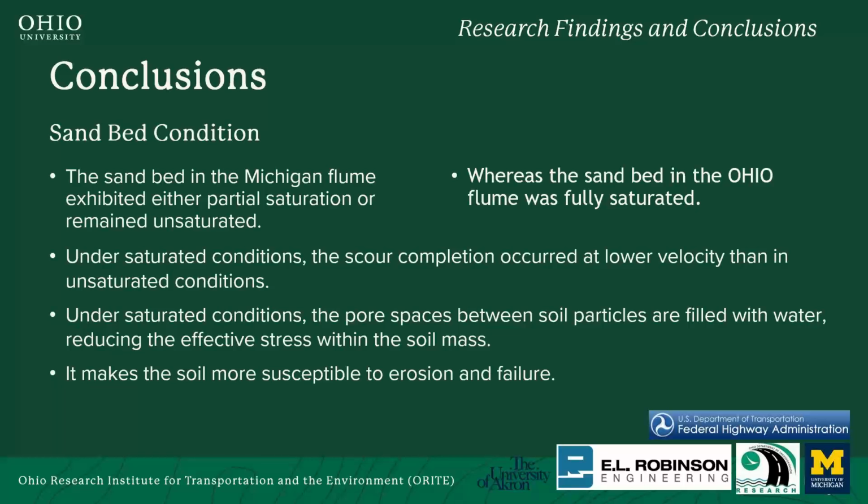Under saturated conditions, the scour conditions occur at lower velocity than unsaturated conditions, and that also explains why the curve is shifted to the left as compared to ours. Under saturated condition, the pore space between soil particles is filled with water, reducing the effective stress within the soil mass. And so it makes the soil more susceptible to erosion and failure.